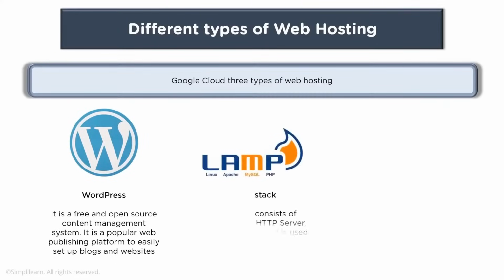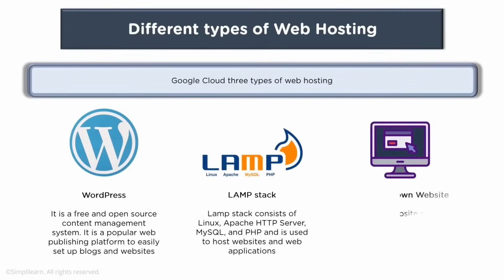You have LAMP, which stands for Linux, Apache, MySQL, and PHP. The LAMP stack consists of Linux, Apache HTTP server, MySQL, and PHP, and is used to host websites and web applications. You also have the option of building your own website, so you can develop a website or web application with your own code directly on Compute Engine.